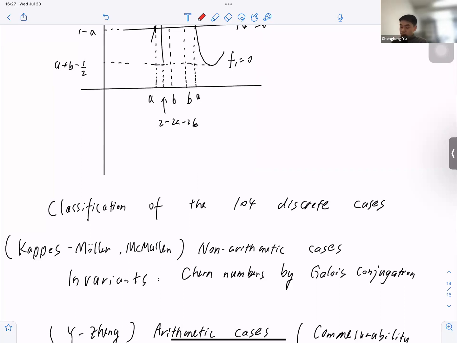So anyway, their invariants are just some Chern numbers, or rather the ratio of Chern numbers by Galois conjugation. These are commensurability invariants, and they distinguish those non-arithmetic cases.